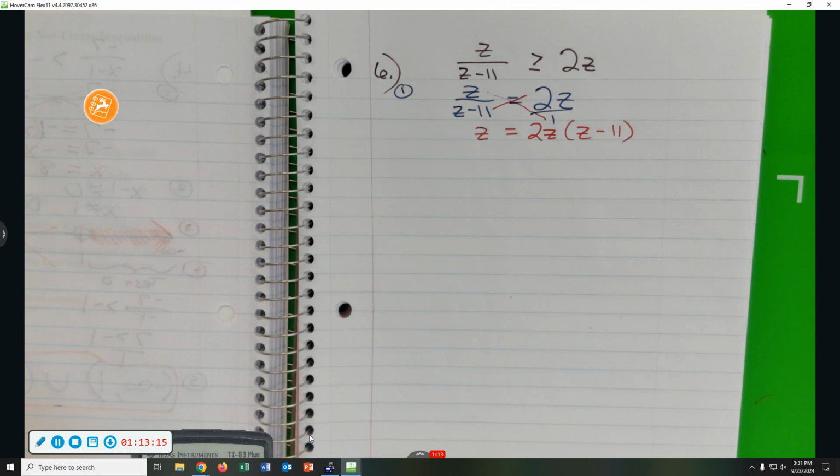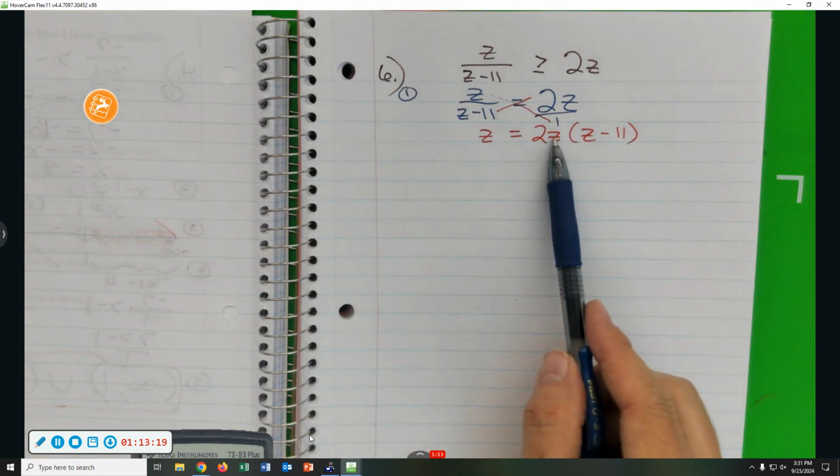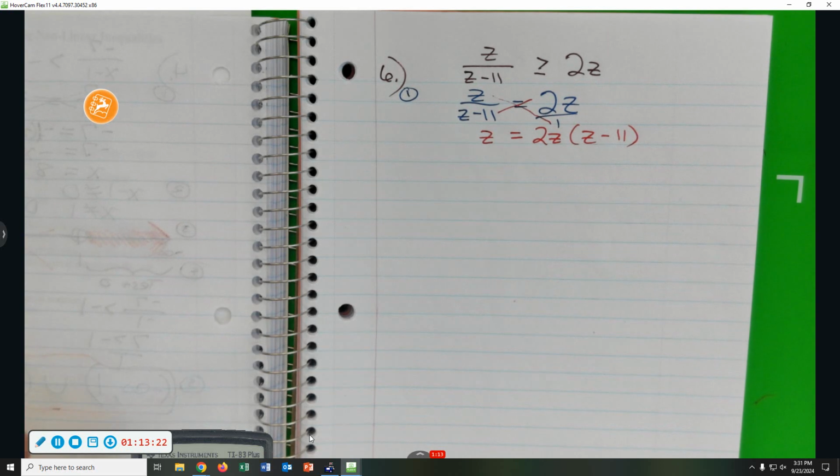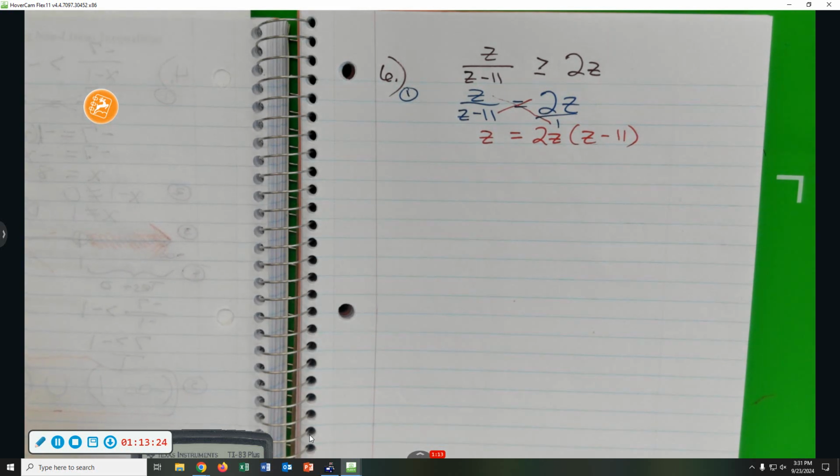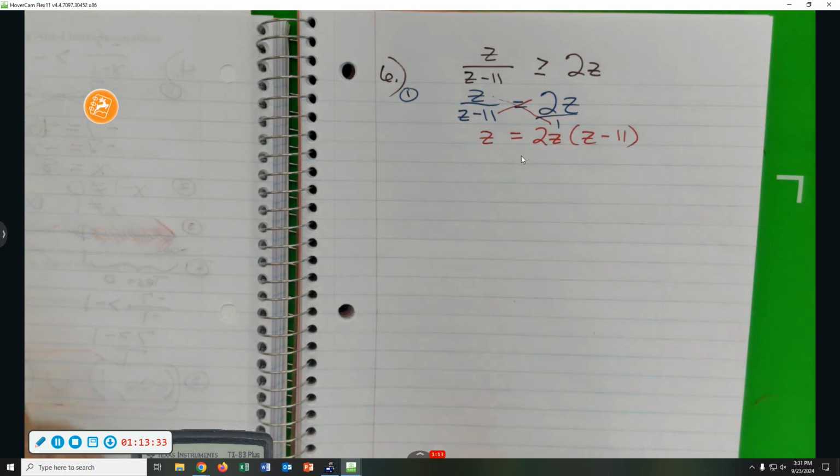Can y'all tell the difference between my 2's and my z's? Yes. I'm putting a little bar, those horizontal bars through there, to try to distinguish the z's from the 2's. There's really only one correct next step. What is it? Distribute. I agree. Let's distribute.